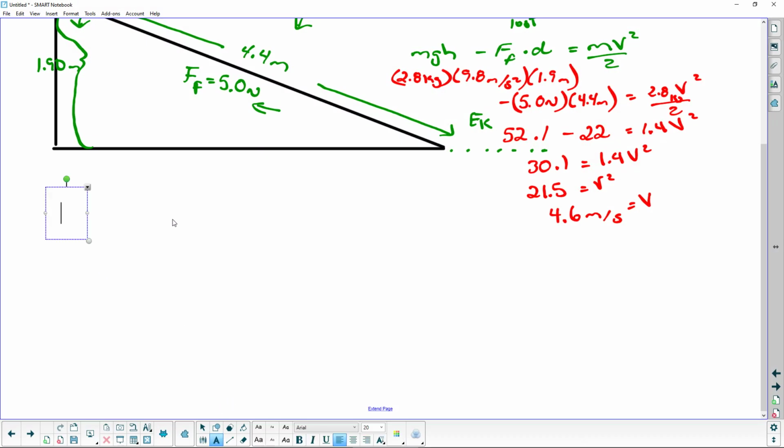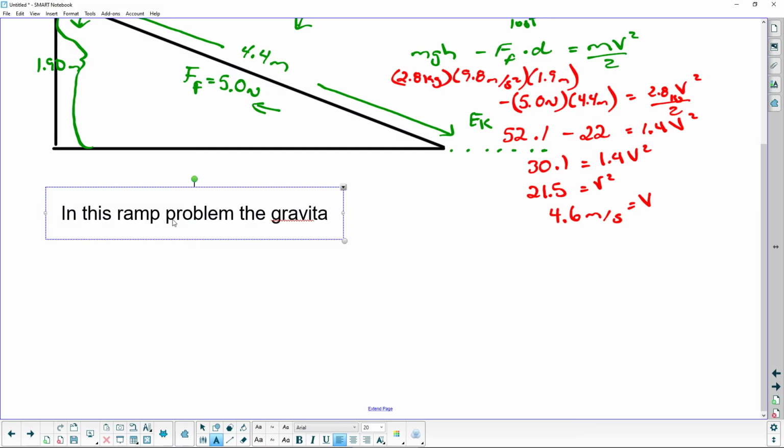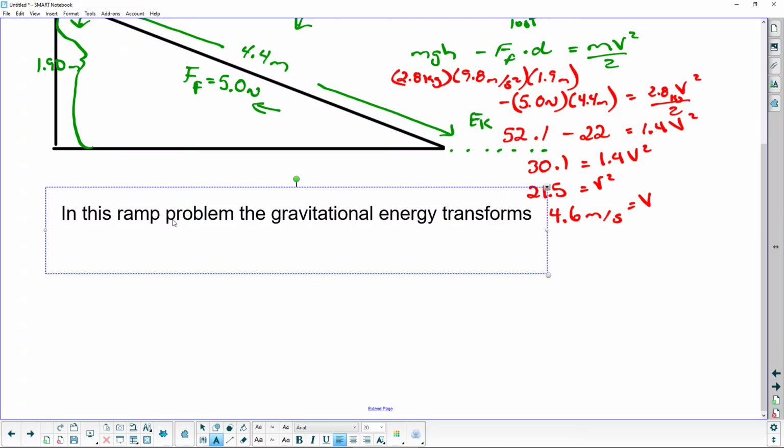Okay, so just what's going on here to keep it fresh in our mind. In this ramp problem, the gravitational energy transforms into kinetic energy at the bottom.